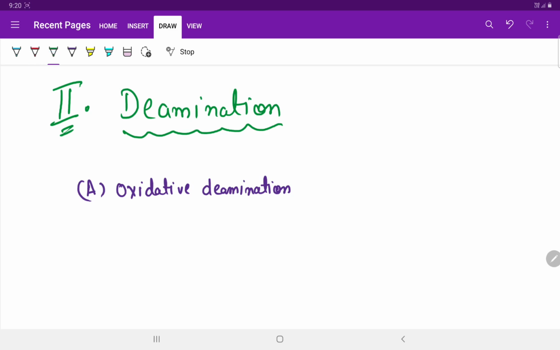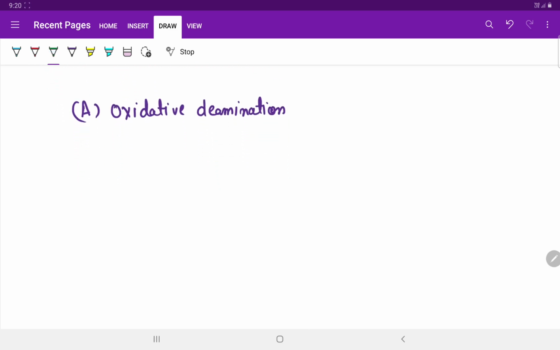Let us see. First is by amino acid oxidase enzyme. In this type of reaction, an amino acid is oxidized and attached to the prosthetic groups. So the removal of an amino group can take place by formation of an imino acid.